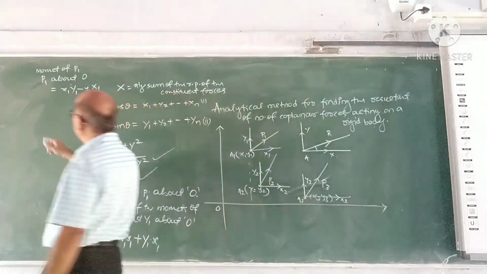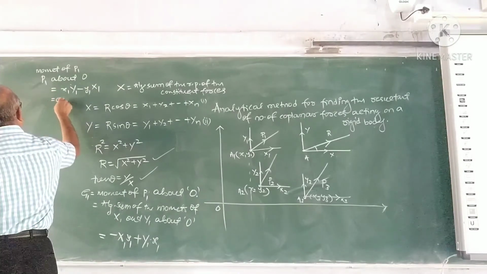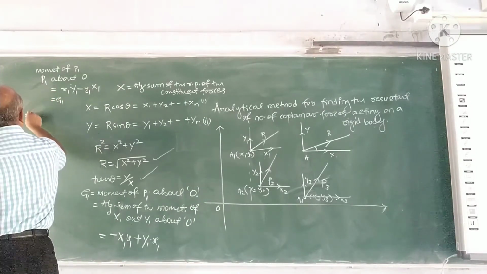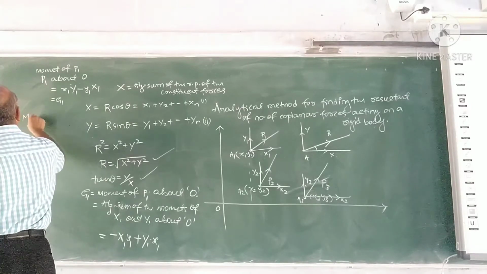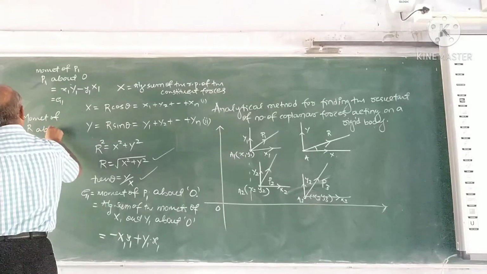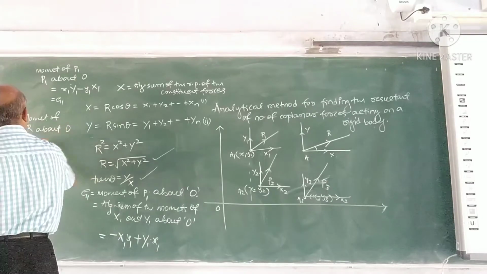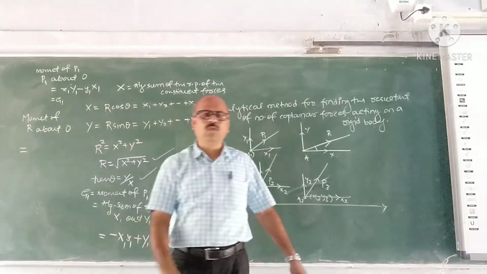Similarly, I take this as G1, and the moment of R about O. What is the moment of R about O?